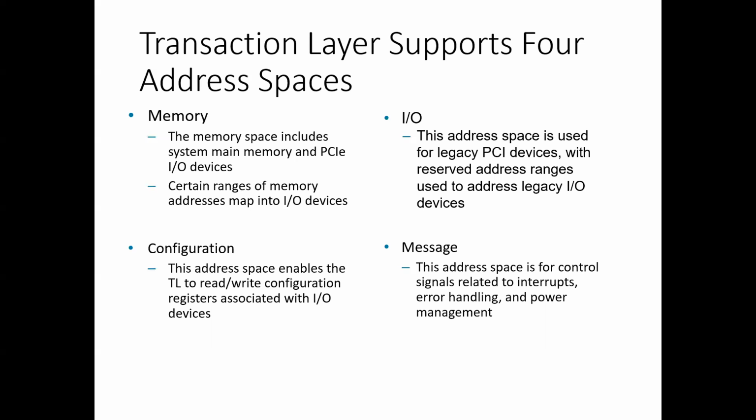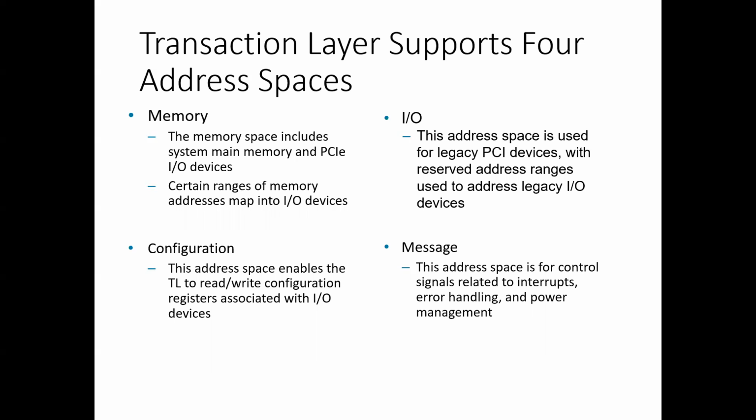And it supports 4 different address spaces. One, the memory space includes the system main memory and PCIe I/O devices, and certain ranges of memory addresses map into those I/O devices.